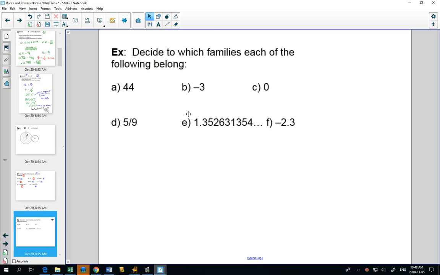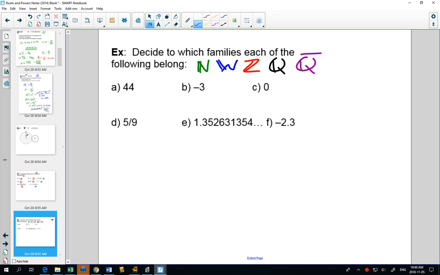In the next one, natural numbers, whole numbers, integers, rational numbers. Do we want to apply as many as possible? Irrational numbers, and yes, you want to apply as many of them as possible.